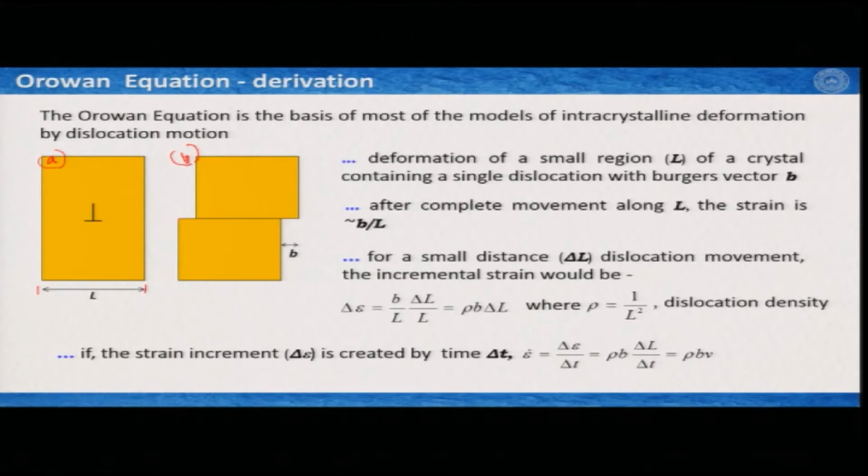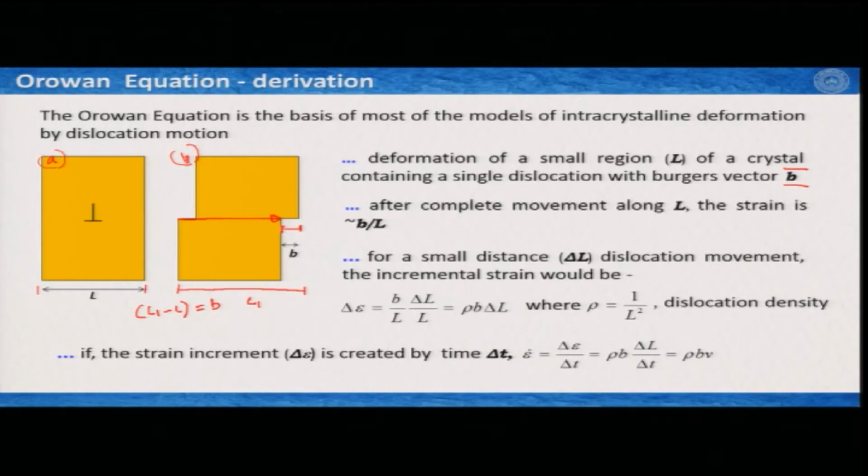So, the single dislocation moves from here to here, giving rise to a strain in the crystal. Now, if this is L and this one is L1, then certainly L1 minus L is the Burgers vector, which is the unit vector of the dislocation movement. So, we consider the deformation of a small region L in a crystal containing a single dislocation with Burgers vector b, which is exactly what we just talked about.